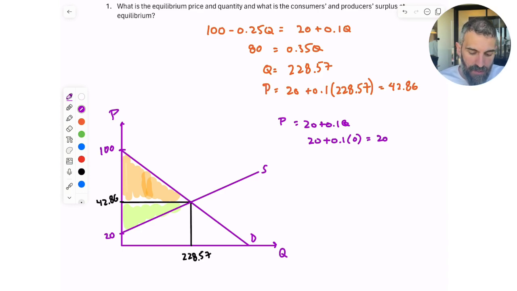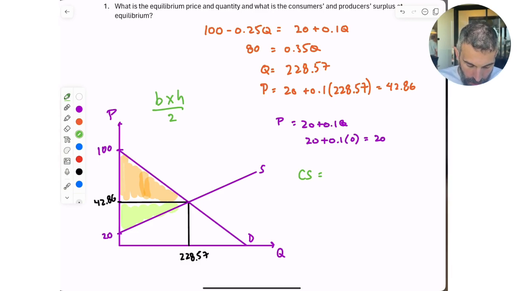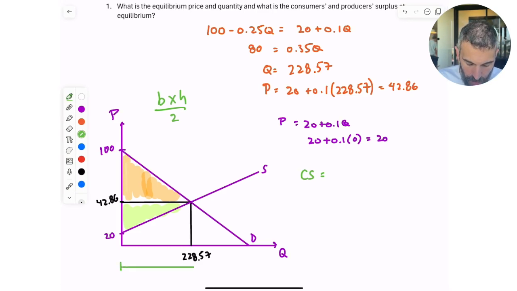We have 2 triangles here. For consumers' surplus, remember that a triangle is base times height divided by 2, right? We're looking for the area of that orange triangle. So the base in this case would be 228.57. And the height would be the distance between 100 and 42.86. Okay, so if you do 100 minus 42.86, that is 57.14.